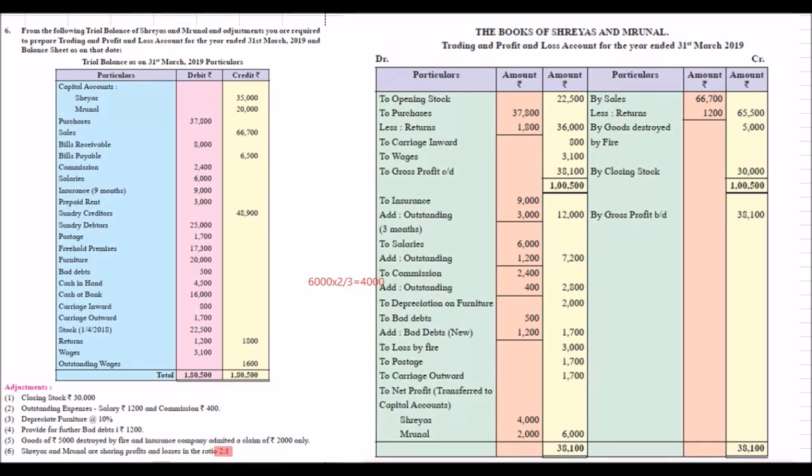In the 2:1 ratio, for Shreyas it is 2 and for Mrunal it is 1. So 6,000 into 2 divided by 3, we got 4,000 rupees. For Mrunal, 6,000 rupees into 1 divided by 3 ratio, we got 2,000 rupees.